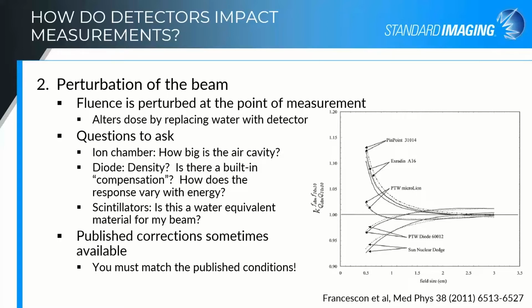There are often published corrections available for a lot of the detectors that we're using, but one thing to be aware of as you're trying to account for these perturbations is that if possible, you really need to be matching the published conditions in order for the correction really to apply, or be aware of those deviations and potential impact on your measurements.